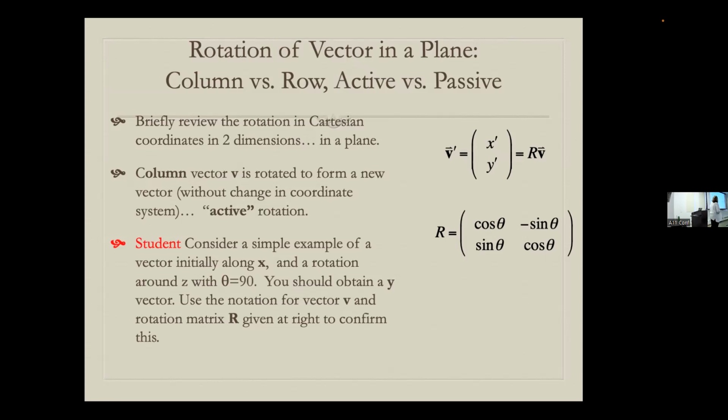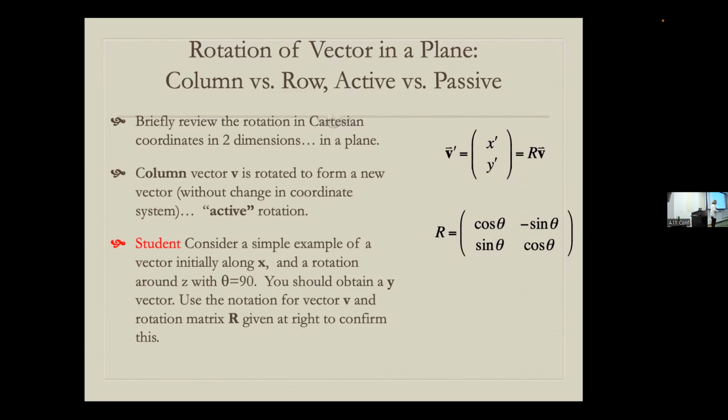Its entries have to be cosine theta, minus sine theta, cosine theta, as written here. If you need a review of this, just think of a vector along X. That would be encoded as 1 on the top, 0 on the bottom. Okay, that's along X. And say you're going to rotate it by 90 degrees, so you know what to put in here.